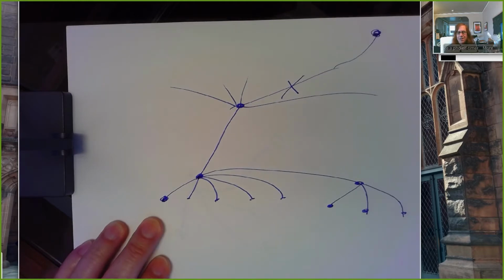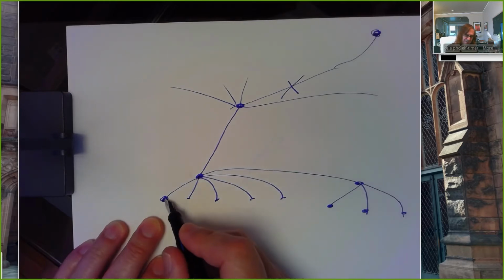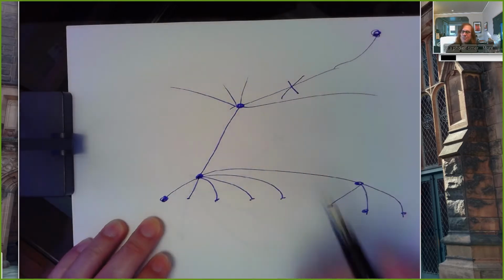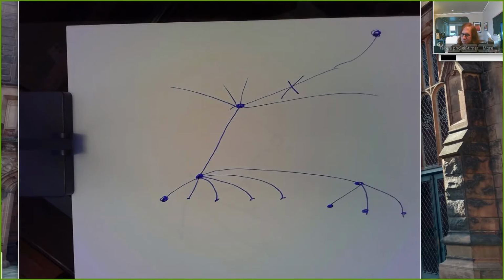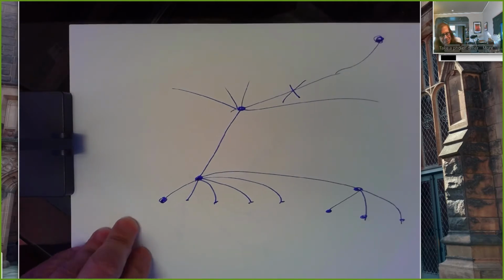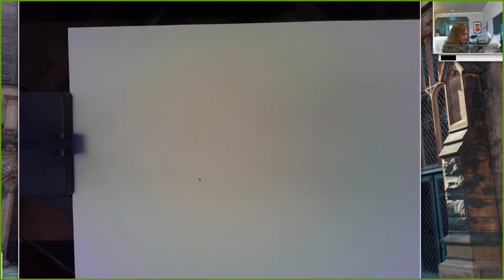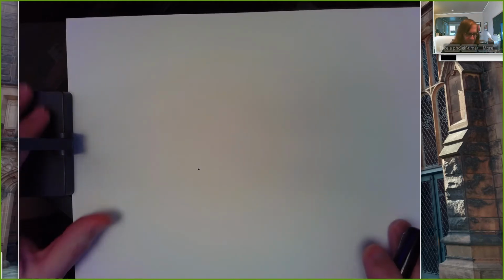If I have time weights on here, what happens to the transmission time if I find a different route from here to here by not following this link because this link went down? So you can do lots of analysis. Yeah, we could have a LAN party. You can do lots of analysis on problems like this from the perspective of graph theory.